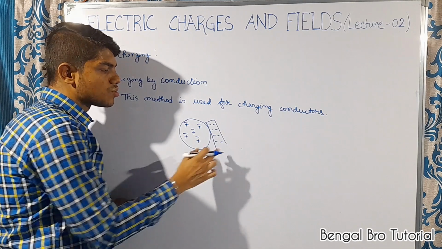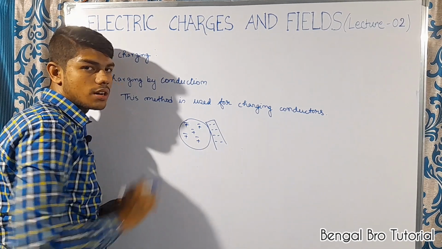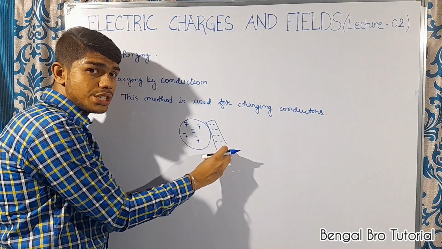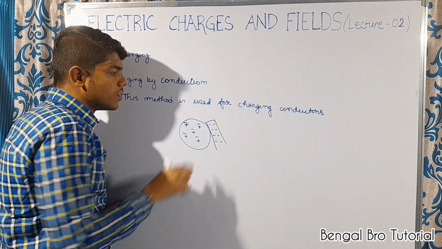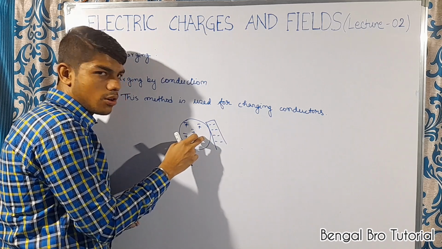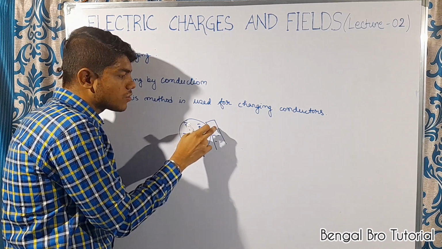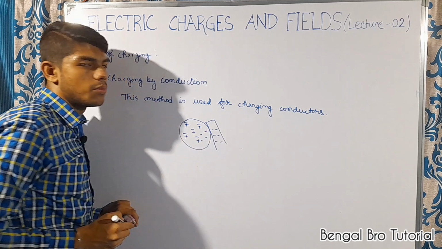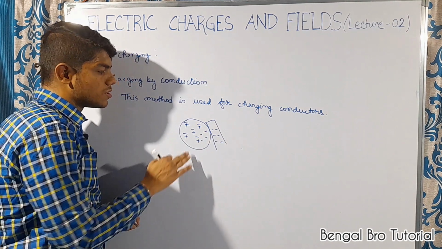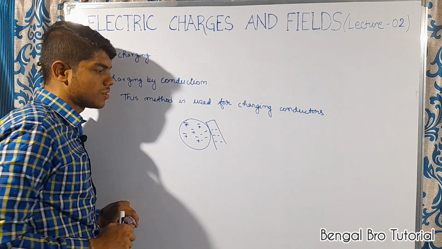Now when this rod is brought in contact with this conductor, this rod will share some of the excess charge with this body. Some electrons from this rod will shift to this neutral body, and now this neutral body has become charged.